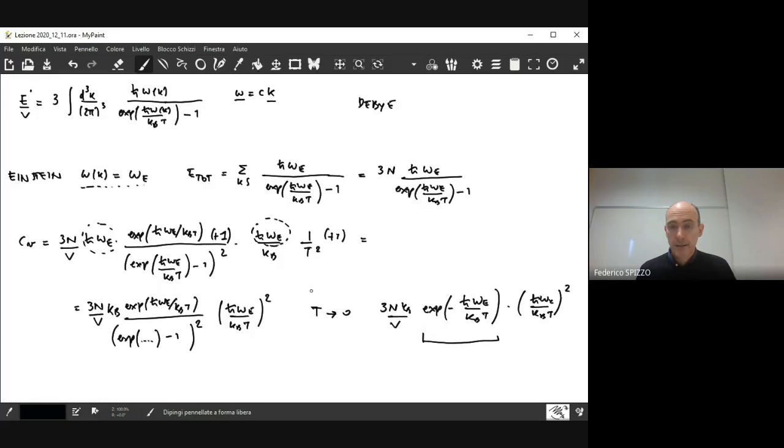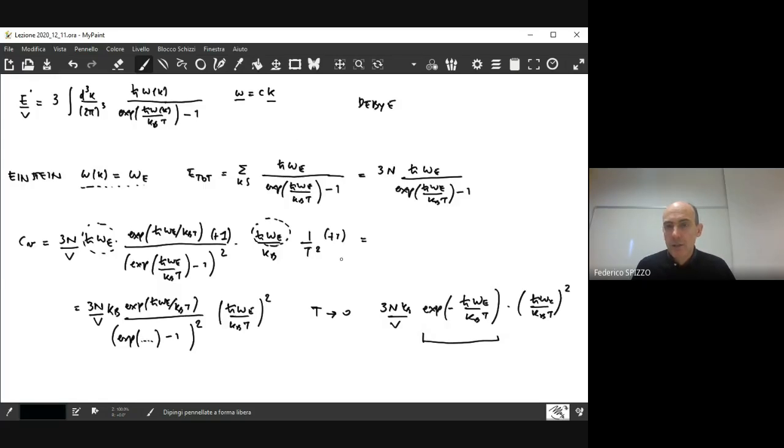The consequence is that at low temperature, the contribution of the optical phonons to the specific heat goes to zero faster and faster with respect to the contribution that comes from the acoustic phonons.